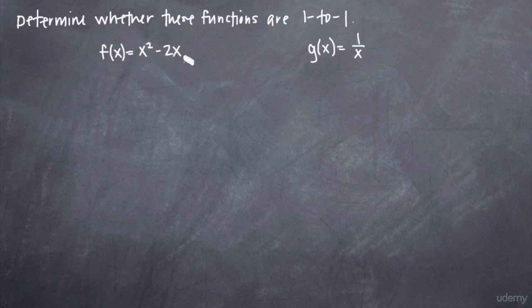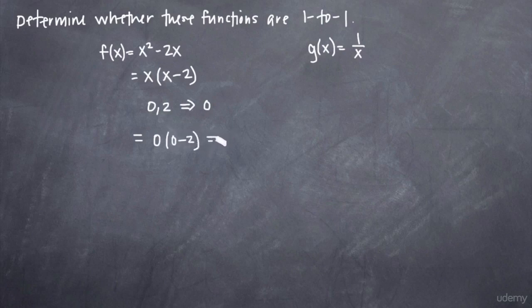where we have f of x equals x squared minus 2x, if we factor out an x and get x times x minus 2, if x is equal to either 0 or 2, the result will be 0. So what we're saying is that if we plug in 0 for x, we'll get 0 times 0 minus 2, which will give us 0.